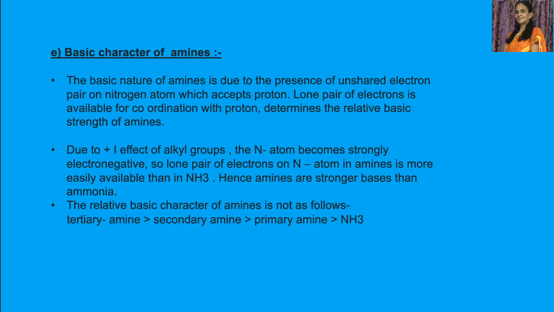Okay. Now, the relative basic character of amines is not as simple as that. We should be careful about this. According to this statement, tertiary amine should be stronger when compared to secondary amine, which should be stronger when compared to primary amine, because in tertiary amine three alkyl groups are present, secondary amine two alkyl groups, primary amine one alkyl group, in ammonia no alkyl group.